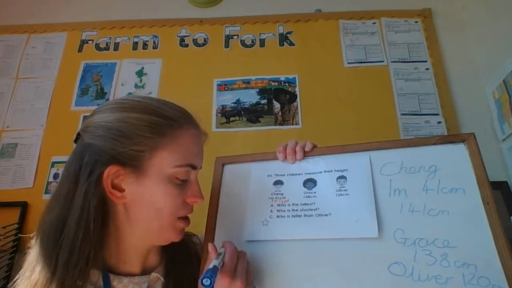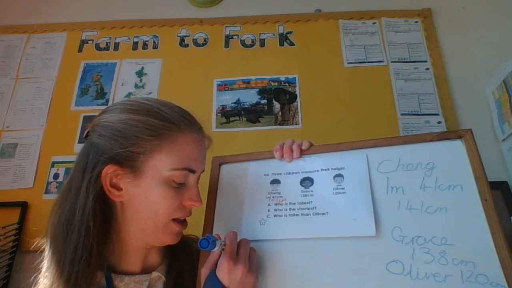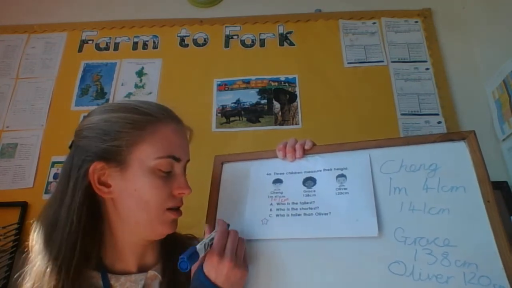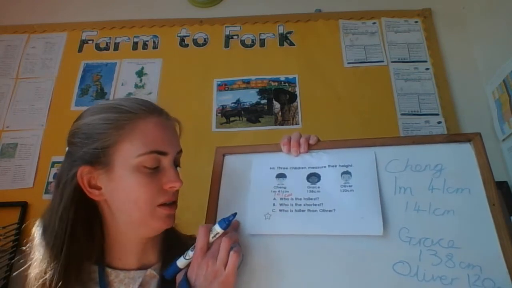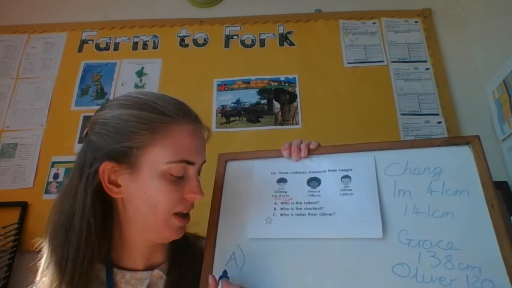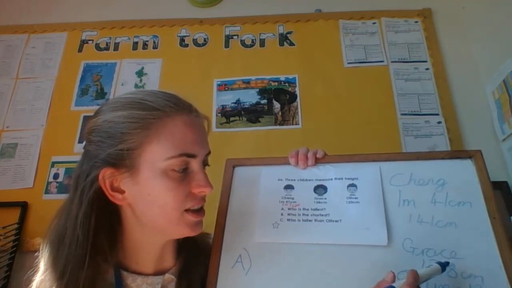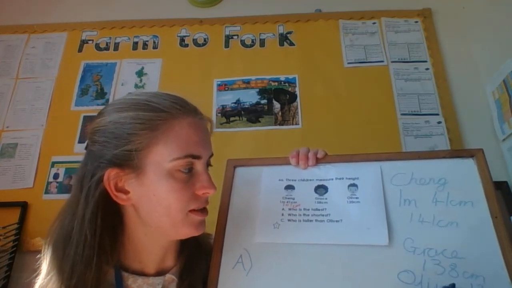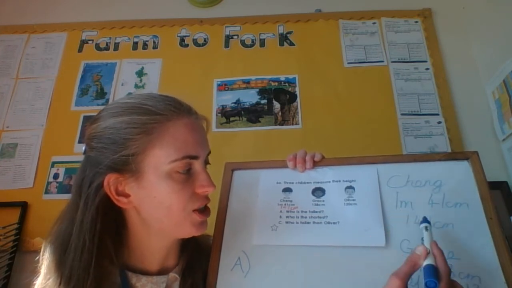So A, who is the tallest? In my book I would write A, a bracket, because that in maths is not a dot, it is a decimal point. So we do a bracket in maths. A, bracket, who is the tallest? So let's look at these measurements. Look, that's the highest number, and that was Cheng's height.